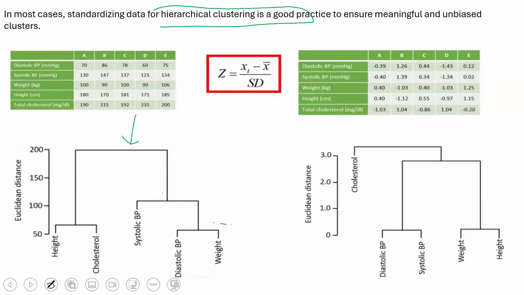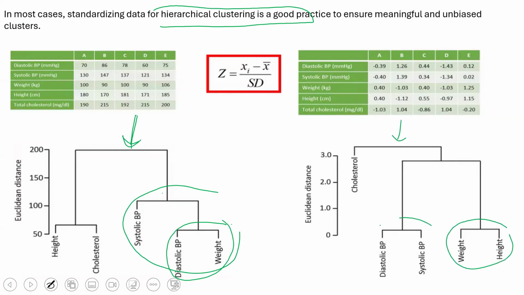It merged diastolic BP and weight first, and then it merged with systolic blood pressure. When we don't standardize the values, that is what happens. But when we standardize the values using this Z score, we merged height and weight, and then we merged systolic and diastolic BP. So this looks like the right clustering, right? Height and weight are related to each other. Diastolic BP and systolic BP are related to each other. So when you standardize the variables, you will get meaningful clusters.